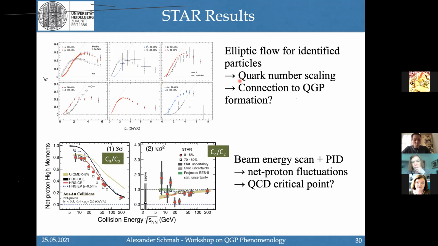Number of constituent quark scaling was discussed at the RHIC experiments as a possible connection to quark-gluon plasma formation. Another big goal just in the past 10 to 12 years is the beam energy scan, and here the identification not only of the phase boundary between hadron gas and quark-gluon plasma phase, but also of the critical point, for example, by doing those net proton fluctuations. And this is also discussed, of course.